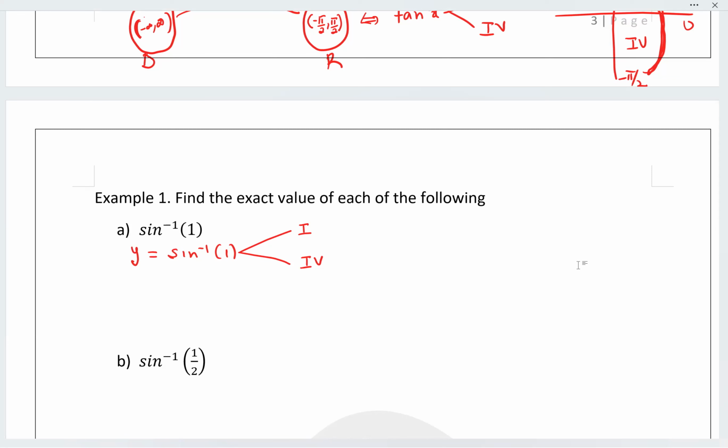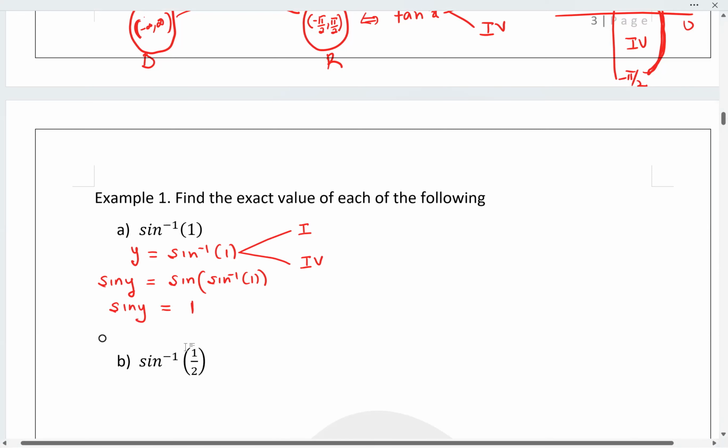So what we can do here is take sine of both sides. So sine y is sine of sine inverse of 1. But sine of sine inverse will cancel because 1 is in the domain of sine inverse. So this will just be sine y is equal to 1, right?